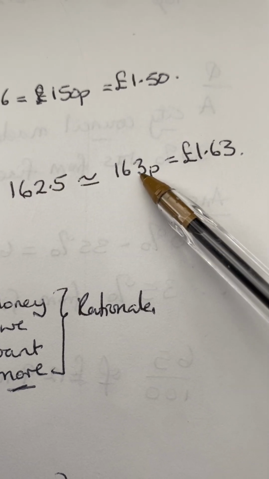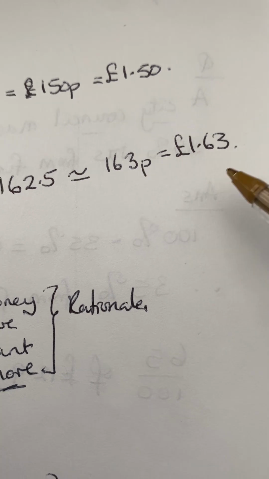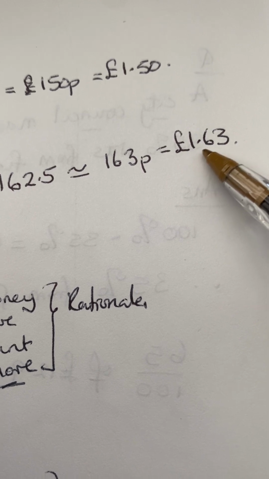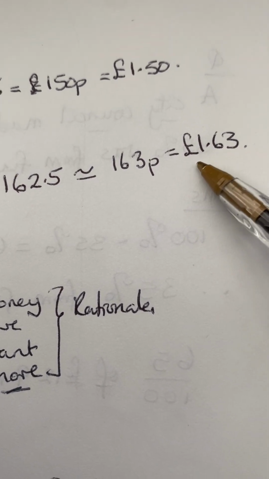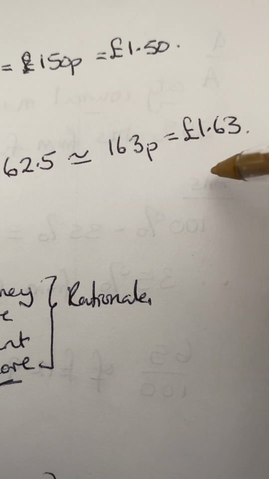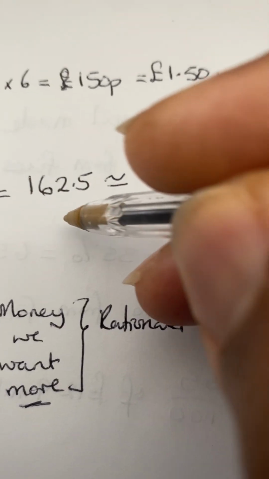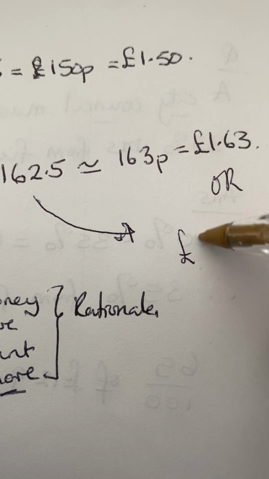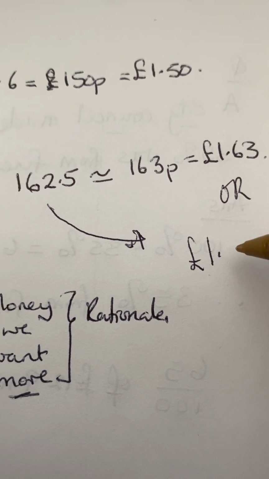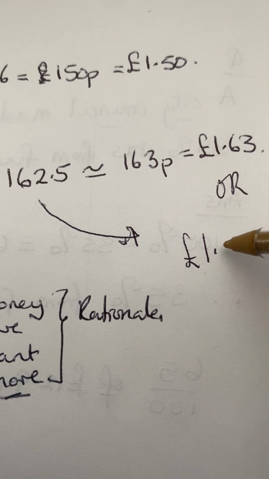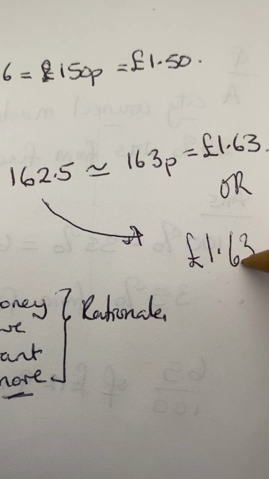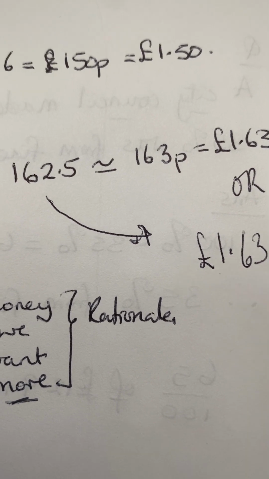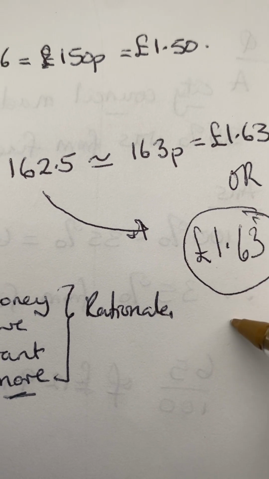So I have 163 pence, and then I'll have £1.63. Because even if I round it off, it's still the same thing. So that is my answer.